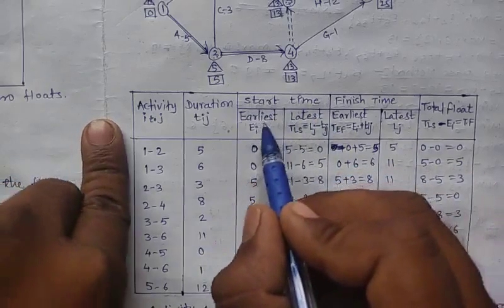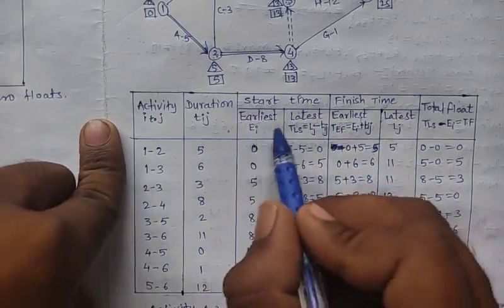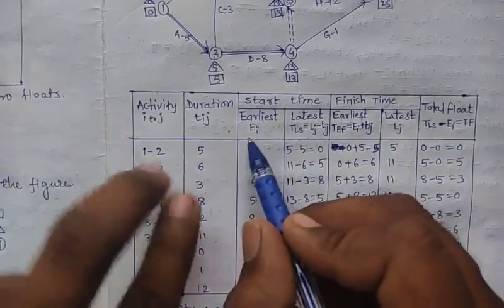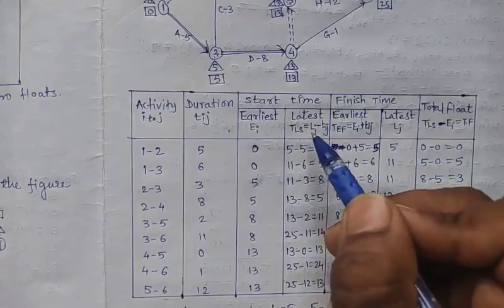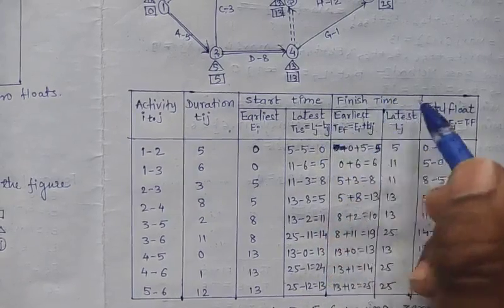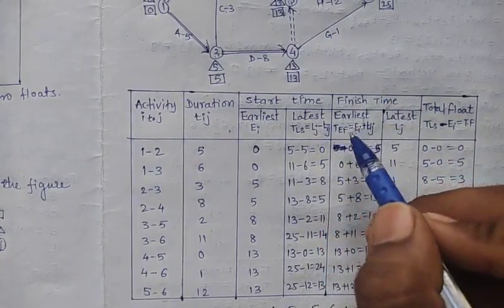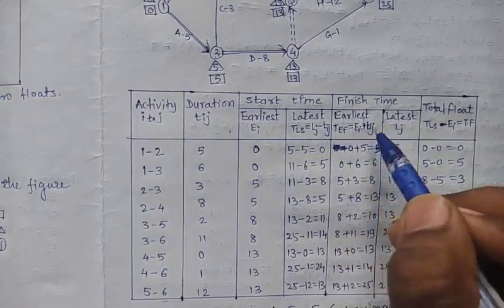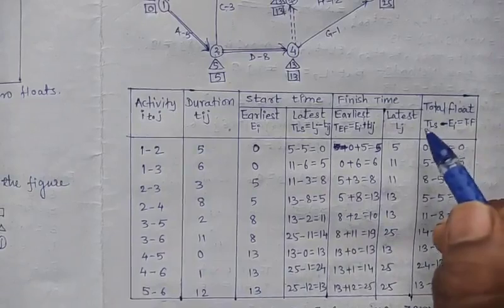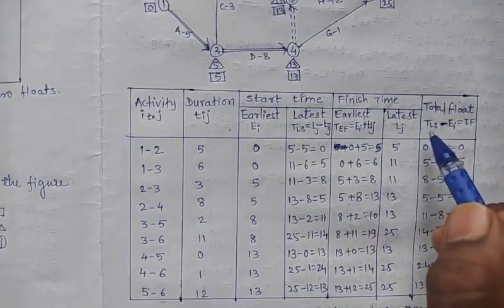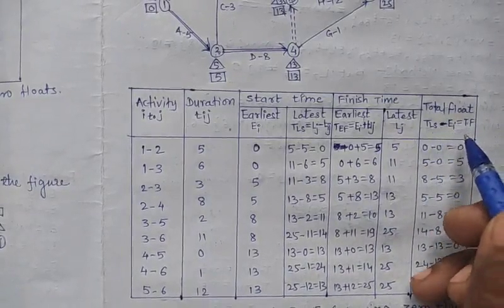In that we'll take two columns, earliest and latest. Earliest is calculated by using formula ei and latest is calculated by using formula lj minus tij. And in finish time, earliest can be calculated by ei plus tij and latest which is lj. And last find out total float by using formula tls minus ei which is total float.